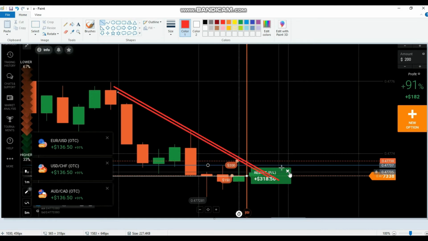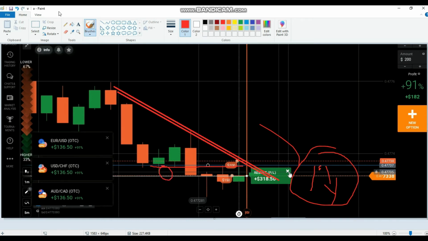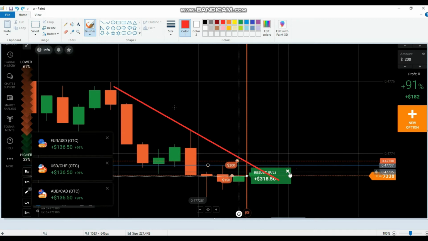I placed my order exactly at that rejection point, and on the left side also there is a level, so when the market tries to go up it may hit it and go down. Previously it was a support, and after the breakout it should act as resistance. That's why here also we can see it got rejected exactly from that point.